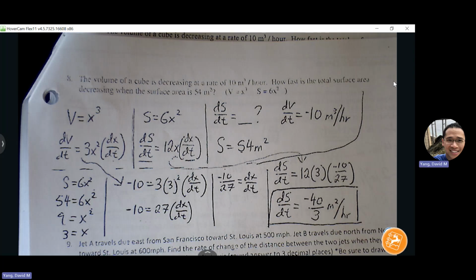Okay, let's try number 9. Nine is a Pythagorean theorem problem.